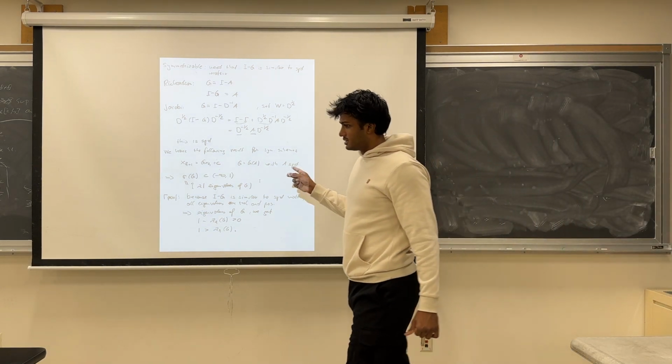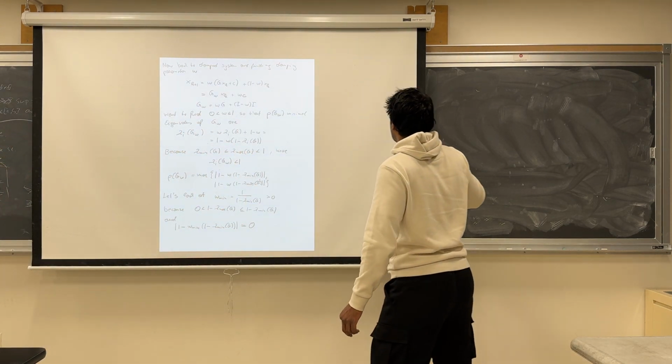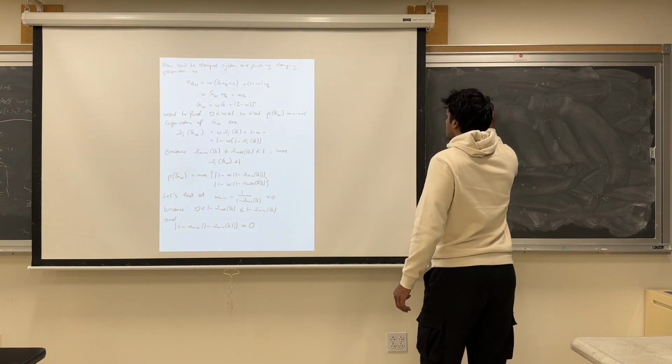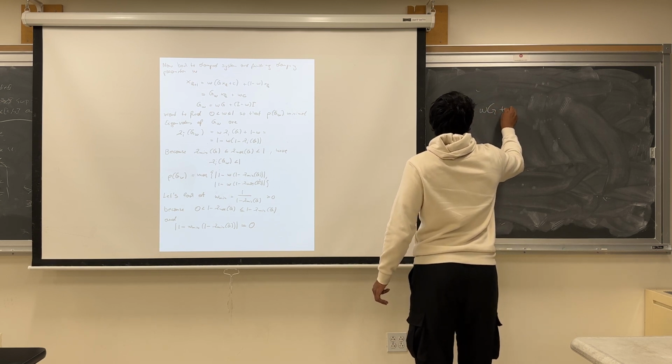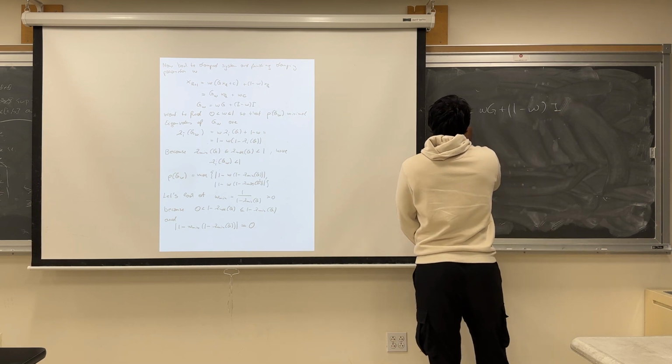Let's not think about this. Let's come at it from another angle. Let's just try to work with what we have here. My G omega becomes omega G plus (1 minus omega) times identity. So I want to know the eigenvalue of this.